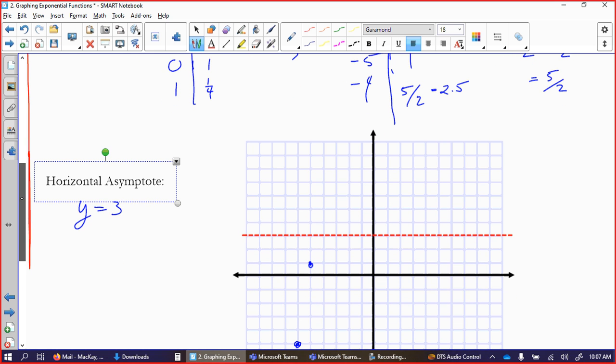Oh, okay, yeah. -4 and 2.5. So this one kind of would. Oh gosh, that's awful. Our horizontal asymptote.